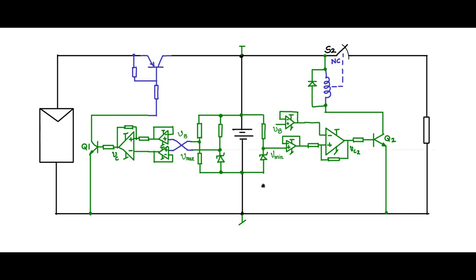That way you can replace the relay with a power semiconductor switch also. Instead of a PNP transistor, you can use a P-channel MOSFET too. I will leave it to you to do the replacement of this with a power semiconductor switch like a PNP transistor or a P-channel MOSFET, and appropriately adjust the logic here.